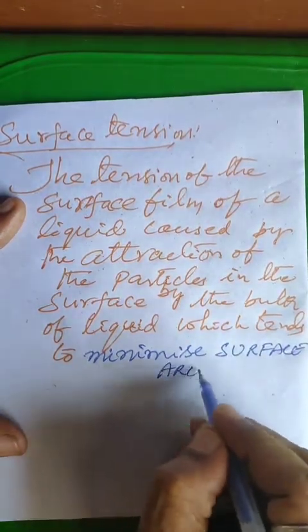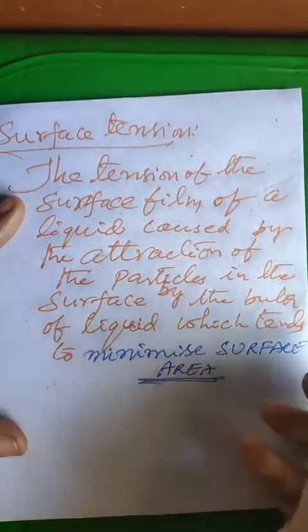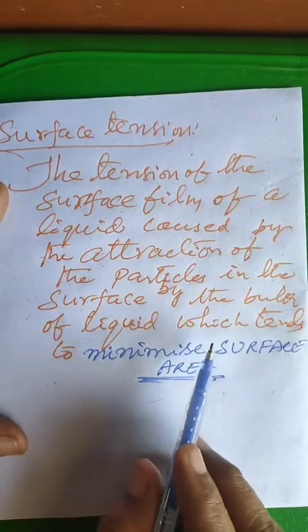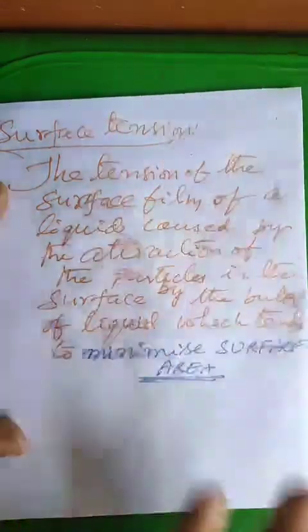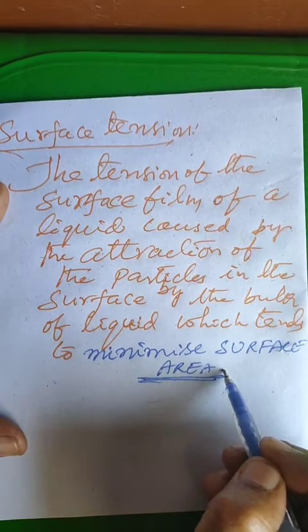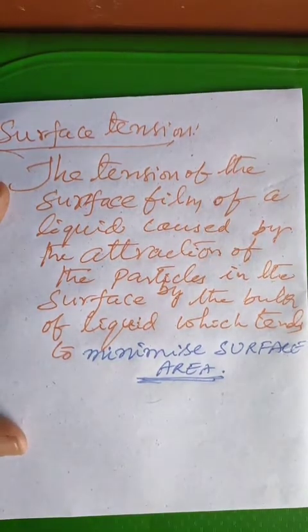Why is surface area minimized? Kinetic energy is more. To reduce the kinetic energy, and they have forces applying downward. These are the reasons.